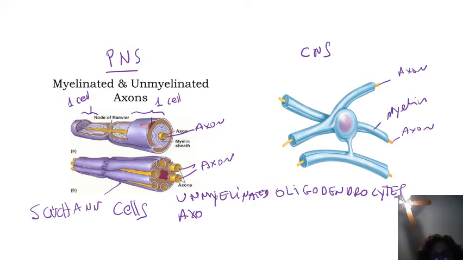The reason why all axons in the PNS need to have a relationship with Schwann cells is because Schwann cells are also involved in repair and protection of the axons. So this is an unmyelinated axon. The axon above is myelinated.